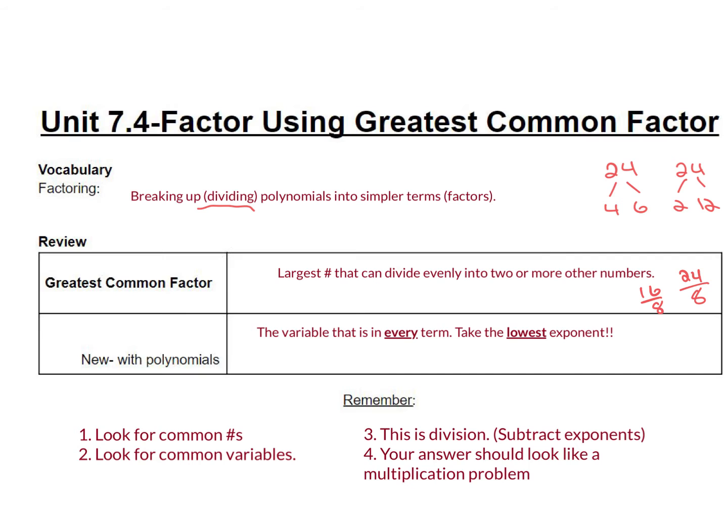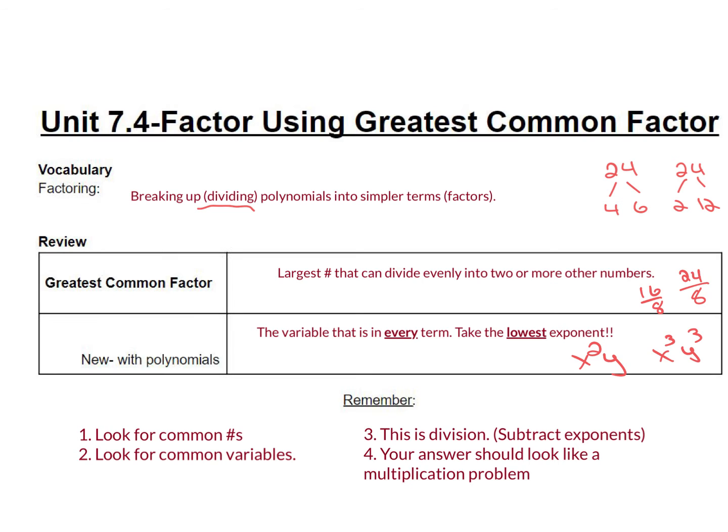When we're talking about polynomials, now there's going to be an exponent portion. So first of all, the variable that is in every term, we need to take the lowest exponent. We need to make sure it's in every term, and then we're taking the lowest one. So we're going to start seeing things like x squared y, and we might see x cubed y to the third.